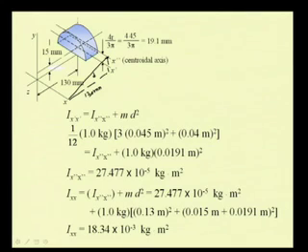So, from this we get the value of Ixx as 18.34 into 10 to the power of minus 3 kg meter square.